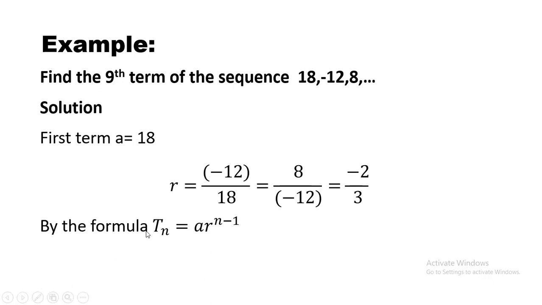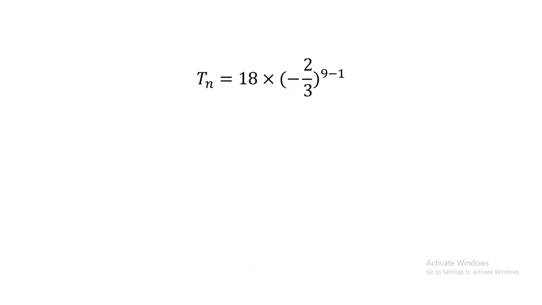So this is the formula to find the term of a geometric progression, that is T of n equals a r to the n minus 1. Here n is 9 because we need to find the ninth term. So the number of terms required here is 9. Now we just substituted all the values, the values of a, r, and n minus 1, as you can see.